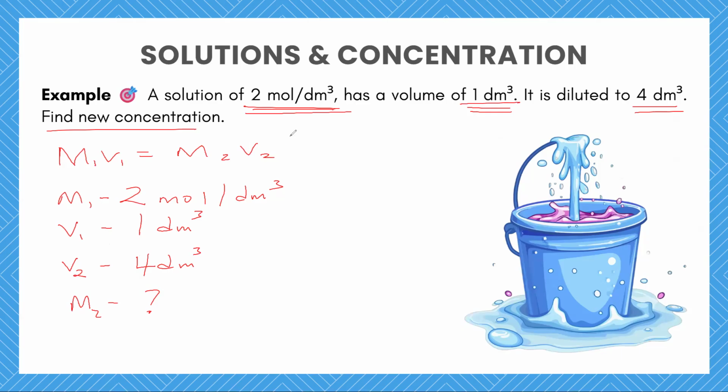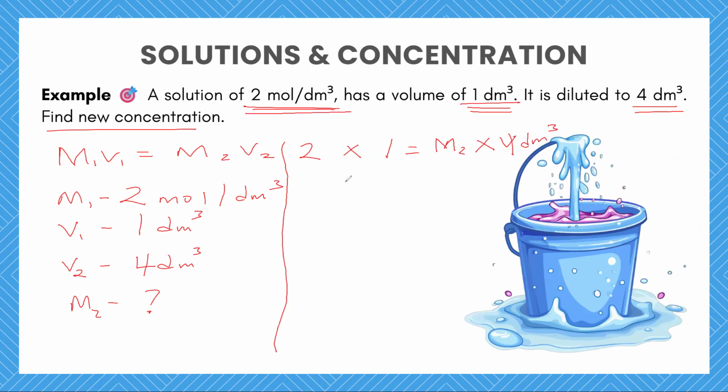So now we can plug our variables into the equation and find our answer. So we have M1, which is 2 moles per dm cube, multiplied by V1, which is 1 dm cube, is equal to M2, which is not known, multiplied by V2, which is 4 dm cube.